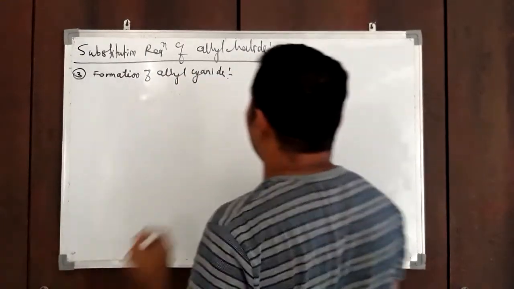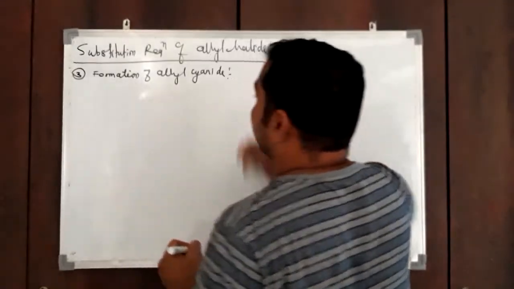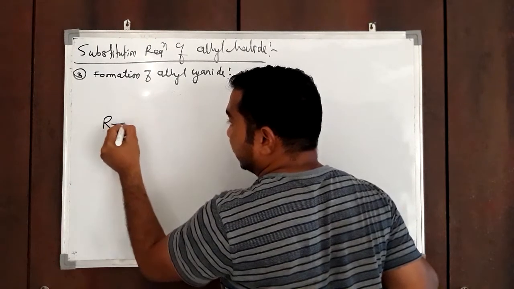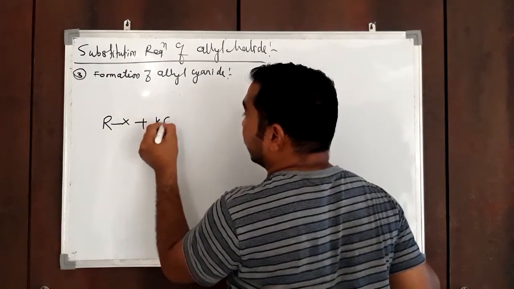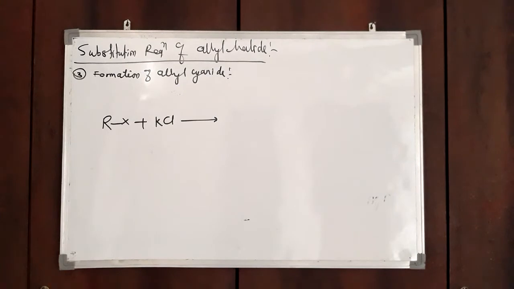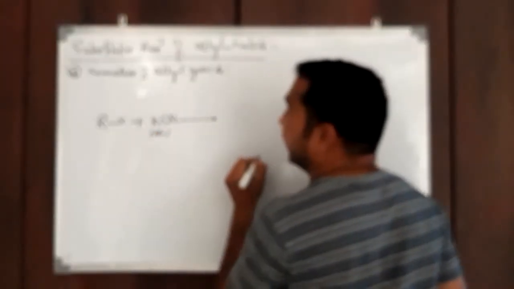What we have to do in this reaction is that the alkyl halide is treated with an alcoholic solution of potassium cyanide and heated.